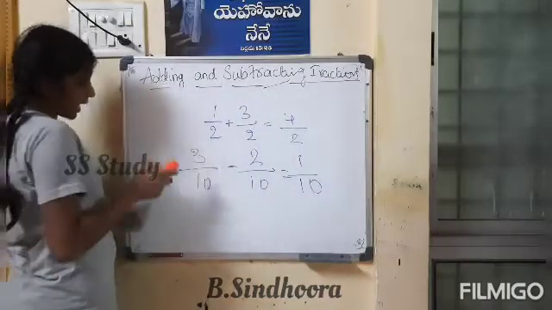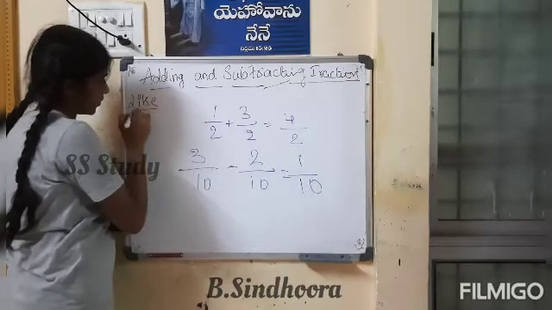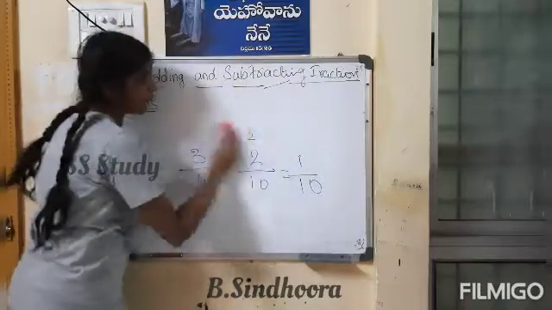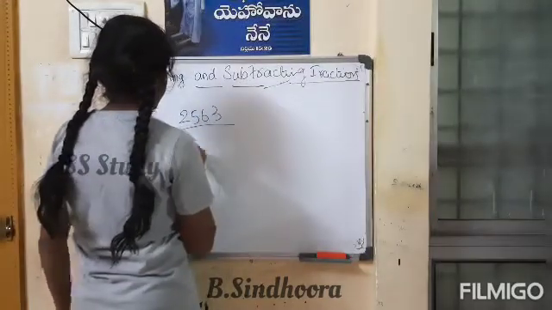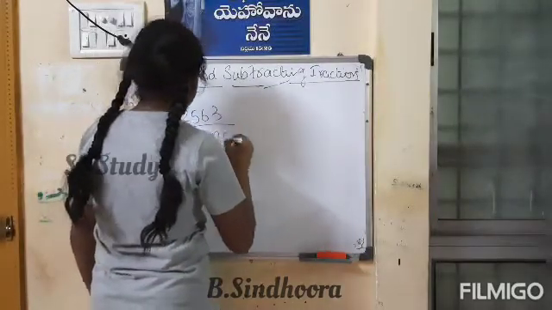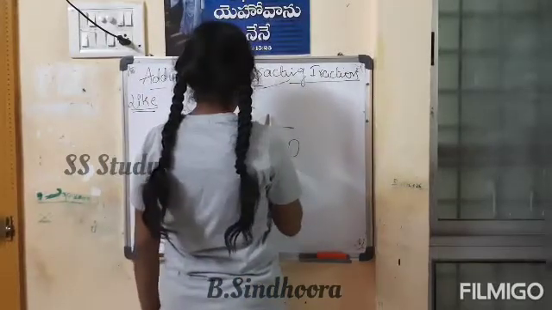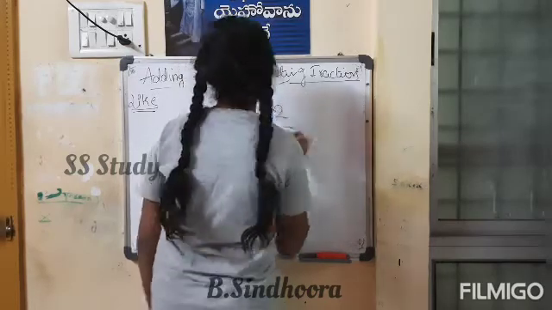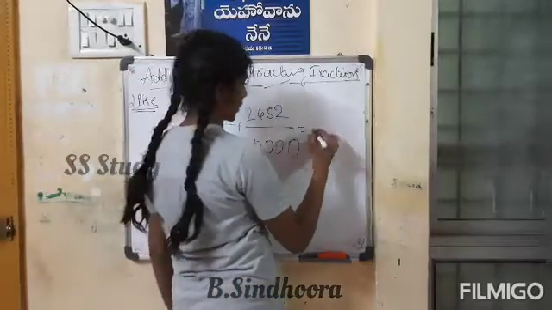Adding like fractions first. How to add these like fractions? It is easy, right? If you have much bigger numbers, such as 2563 by 10000 plus 2482 by 10000, the denominator of the answer is 10000.